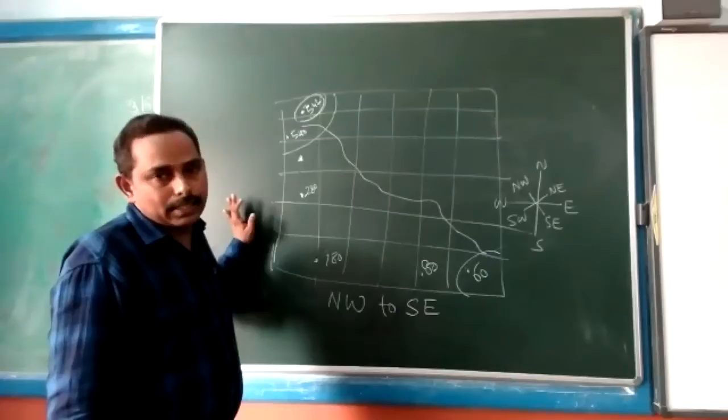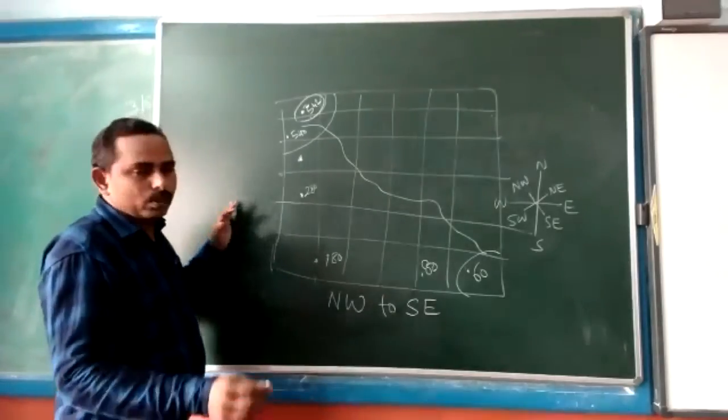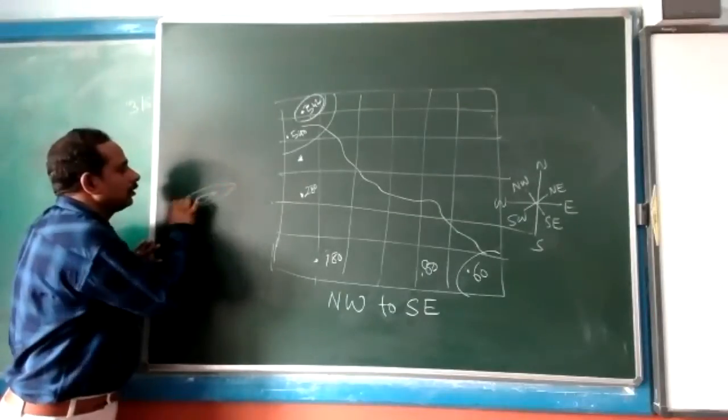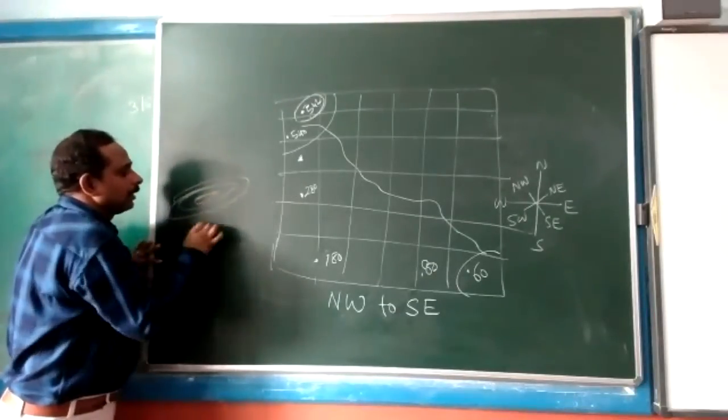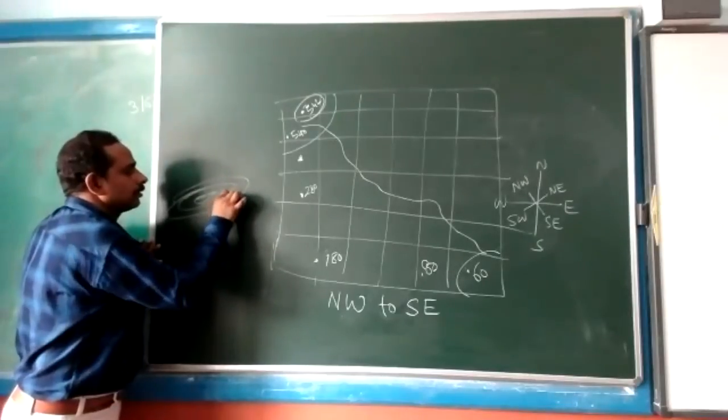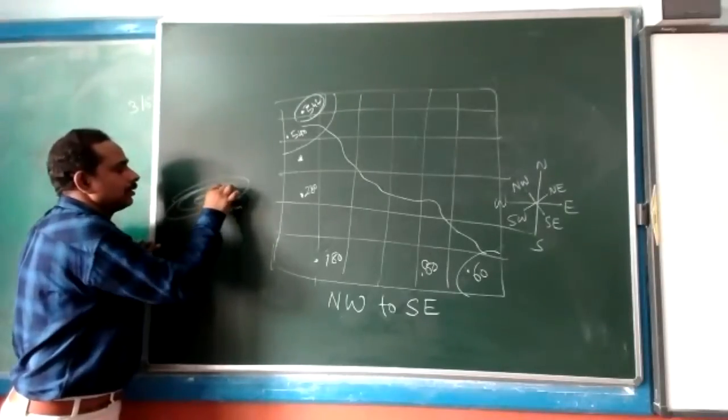In the contour lines you can see 100 meter, 200 meter, 300 meter, like that.